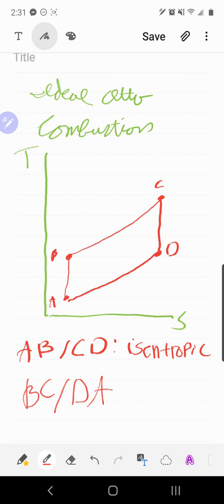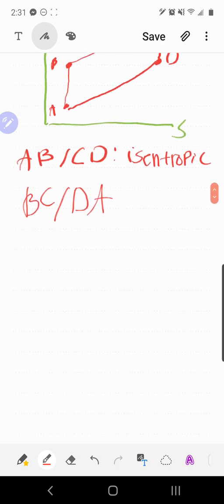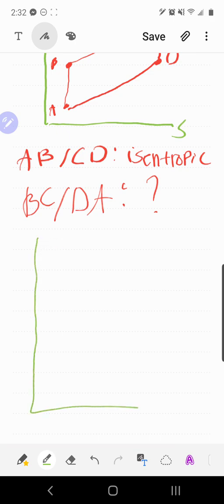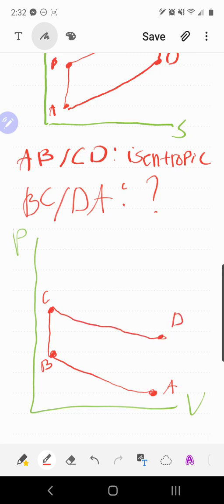Now, this is a good time to look at the other diagram, since we don't really know what this means based just on the TS diagram here. So let's go look at the other diagram, PV. PV diagram will start A here, we'll go up to B, then to C, then to D, back to A. Sorry for the messy writing.